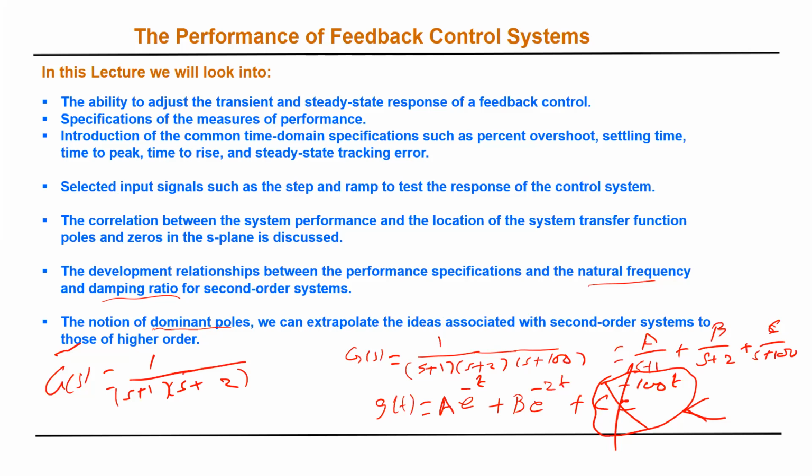This is called the dominant poles. Minus 1 and minus 2 are dominant, while s equal to minus 100 is far away in the s plane. If the pole is far away in here, and the others are near the j omega axis, those will be dominant while the other has no effect. That's basically what we mean by dominant poles.